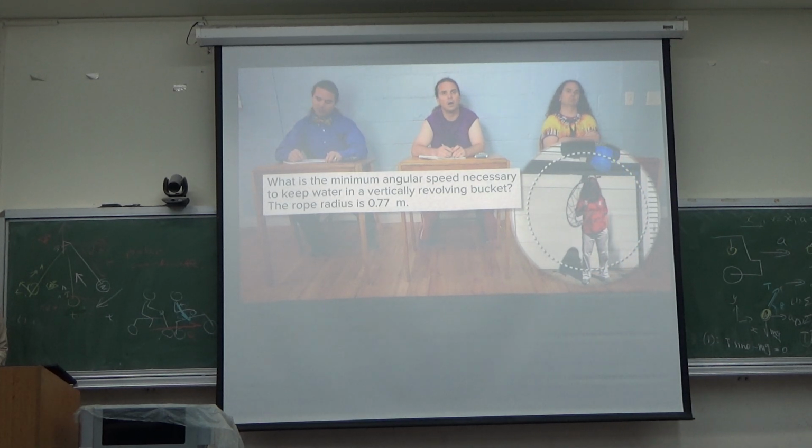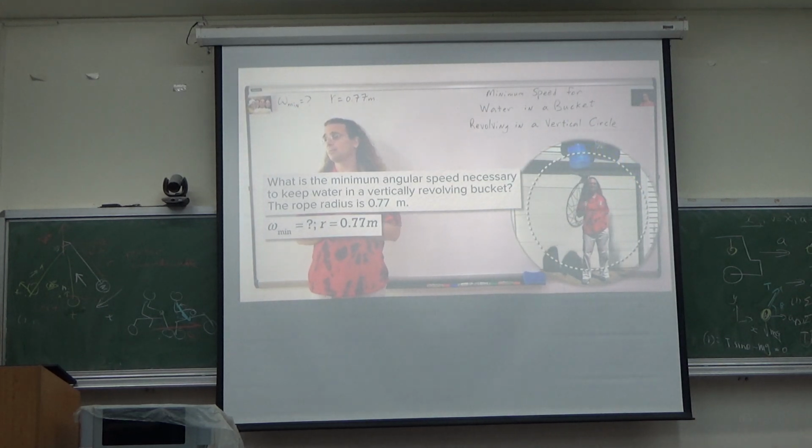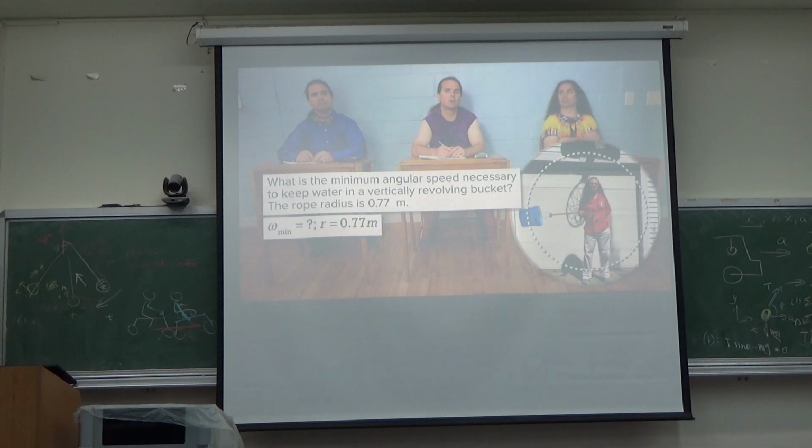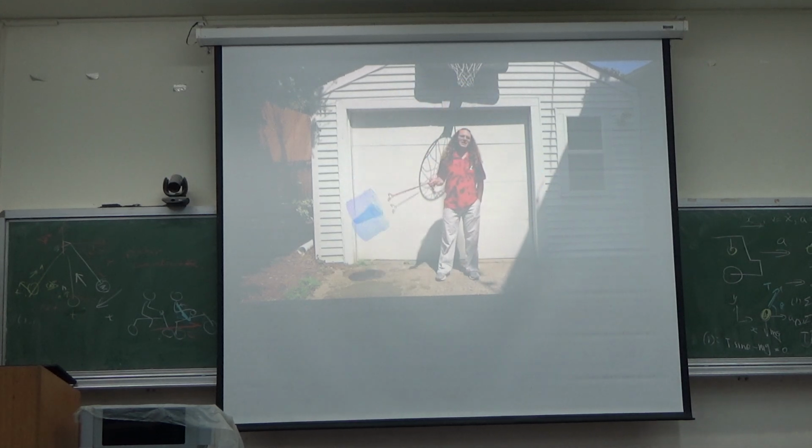The rope radius is 0.77 meters. Minimum angular speed equals question mark, and radius equals 0.77 meters. Bo, please solve the problem. I got nothing. Don't look at me. We need to draw a free body diagram. Sure, but where do we pause the bucket to draw the free body diagram? Okay, let's start by spinning the bucket and slowing the angular speed down to the moment where water just barely starts to flow out of the bucket. You can see that's right where we're talking about.